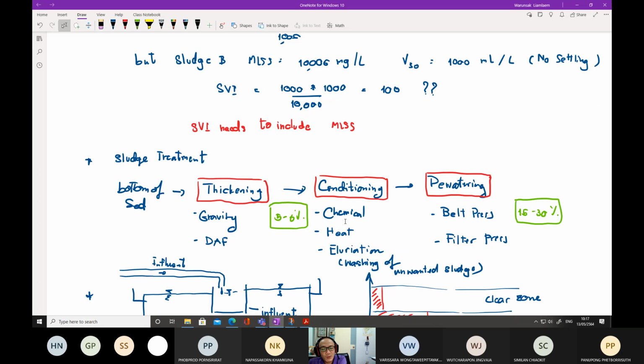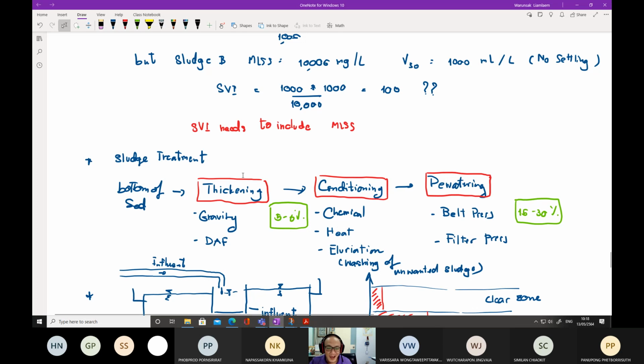So after dewatering, we expect the percentage of solids to increase to between 15 and 30%. So after being treated by the dewatering process, the concentration of this sludge may increase up to 30%, which is high enough to remain as sludge cake, not sludge slurry.